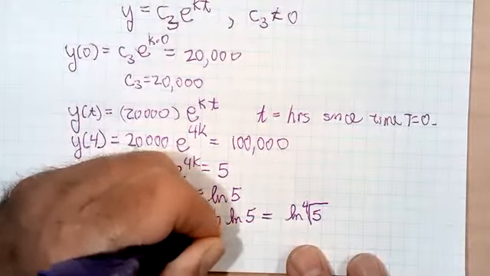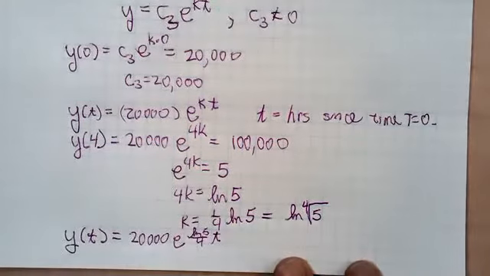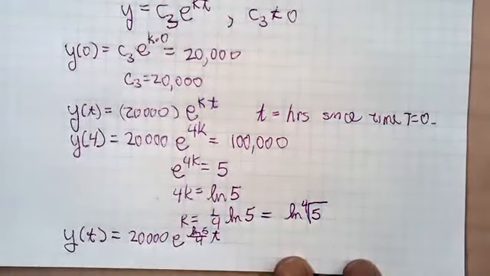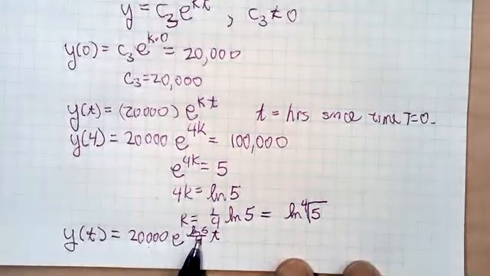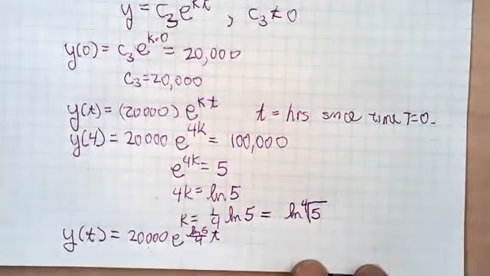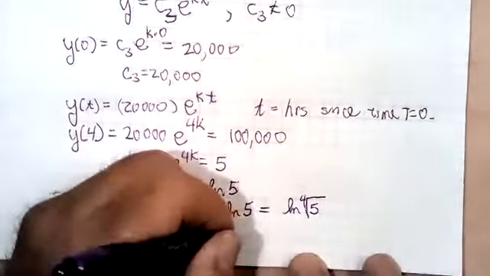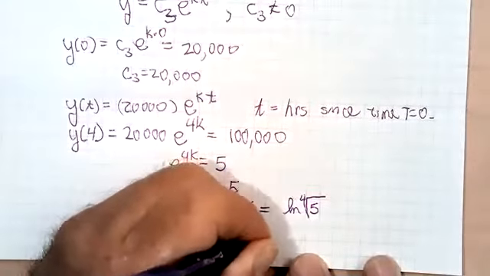I've scrunched that into a tiny place so you can't read it, but it says y equals 20,000 e^((log 5 / 4) t). And we are trying to figure out, when is this equal to 25 million?